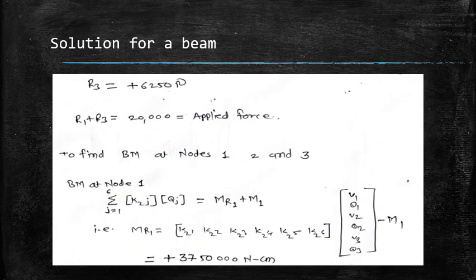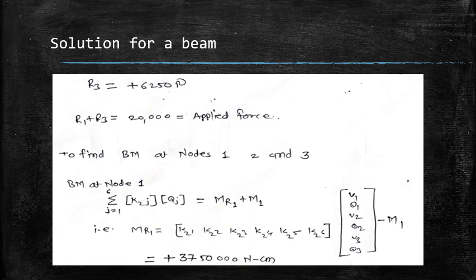Similarly, we can calculate R3, that is the vertical reaction at node number 3, which is the same as the shear force at node number 3, that is the roller support, equal to R3. In exactly the same way, we will calculate this R3.